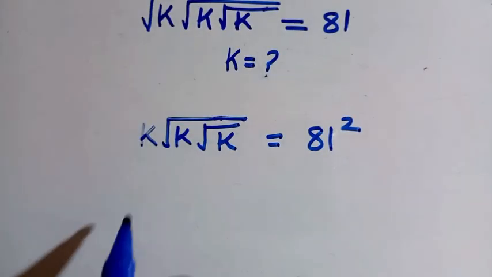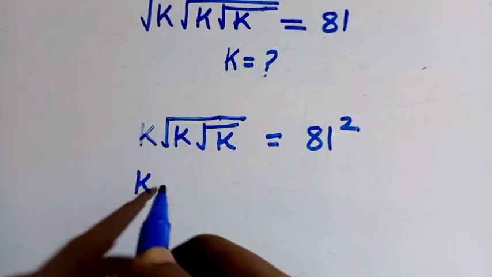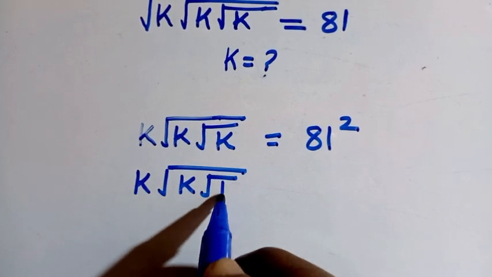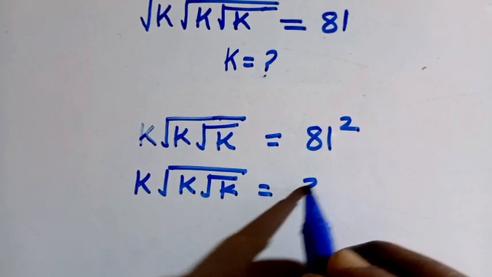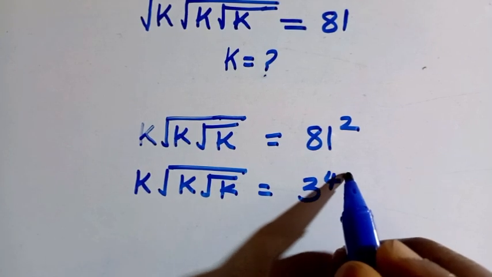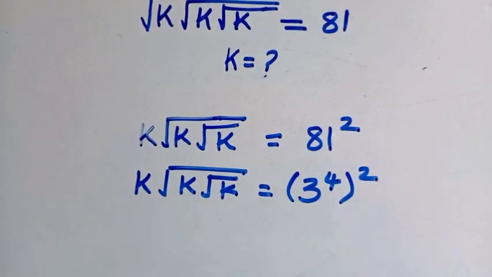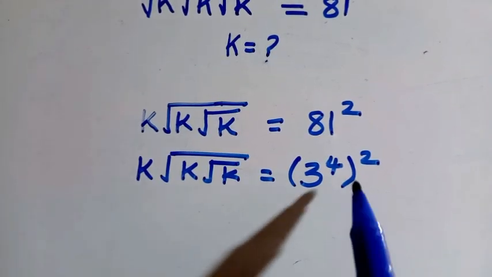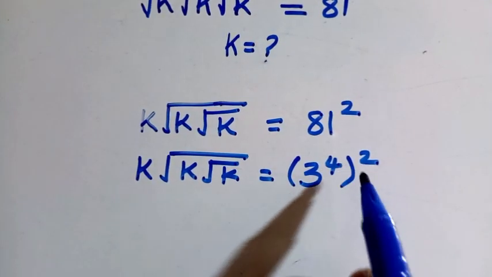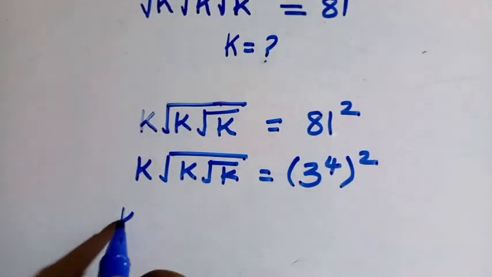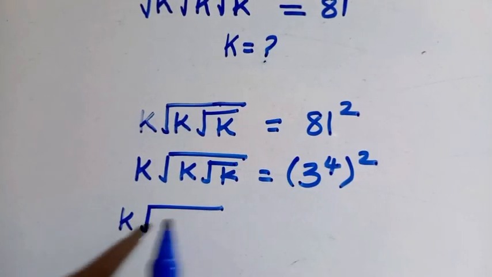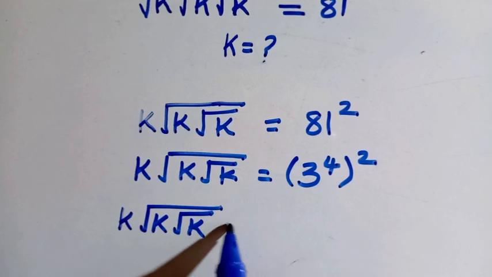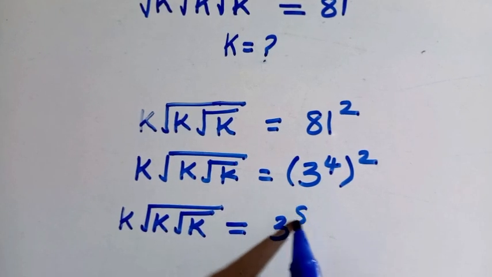And again, we have this as k multiplied by square root of k multiplied by square root of k equals 3 raised to power 4 all raised to power of 2. And when we multiply 4 by 2, we are going to get 8. So here is k multiplied by square root of k inside square root of k equals 3 raised to power of 8.